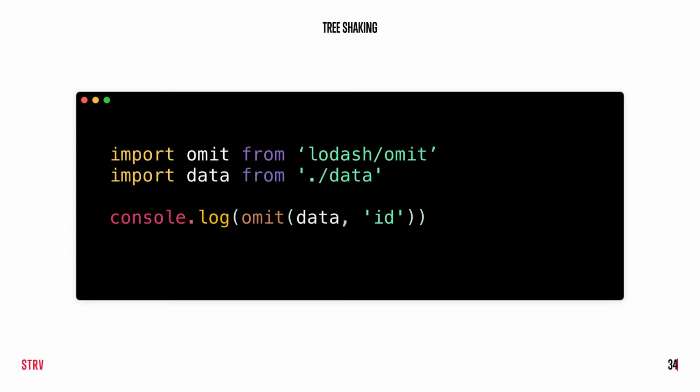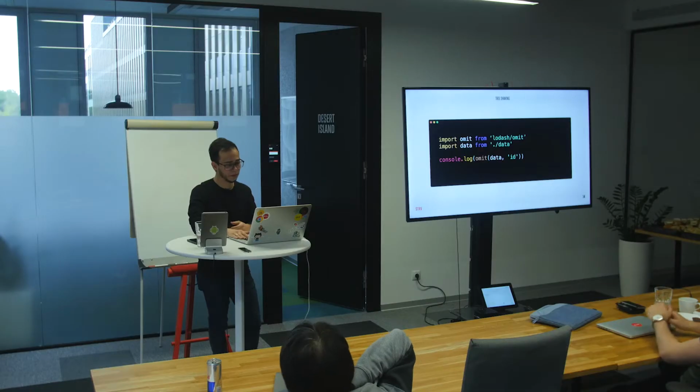Or you could also import directly like this, lodash/omit, and it will do the trick. Now, because Lodash is a special case, you have to use a plugin that turns your code from this into this, and then Webpack tree shaking can do its magic.